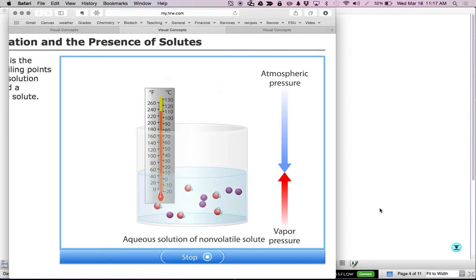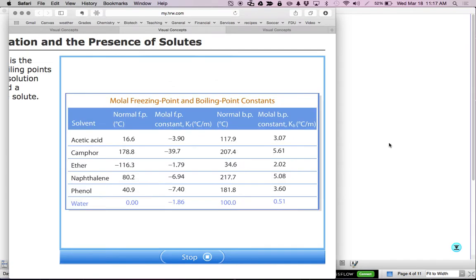Therefore, adding a non-volatile solute to a solution raises the boiling point. All pure solvents have a characteristic molal boiling point constant. The boiling point for water, for instance, will increase by 0.51 degrees Celsius for every 1 molal addition of non-volatile non-electrolyte solute.